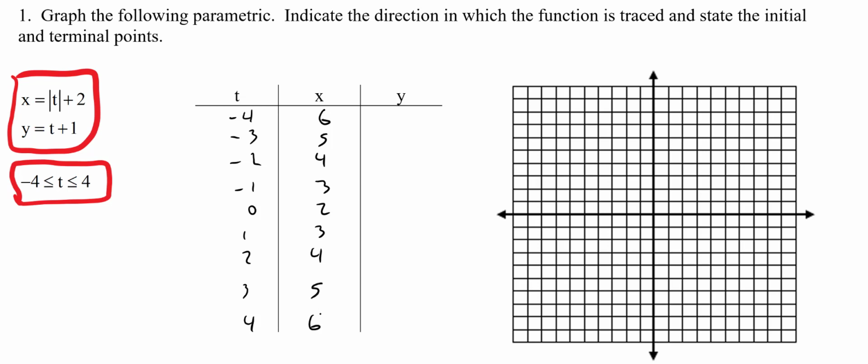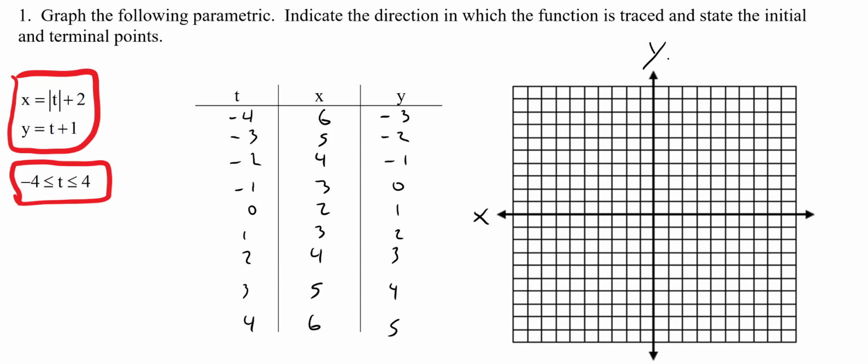That's pretty easy. Then you plug in the y values and you get -3, -2, -1, 0, 1, 2, 3, 4, and 5. This is still your x and y Cartesian coordinate plane. We're just going to plot those values.